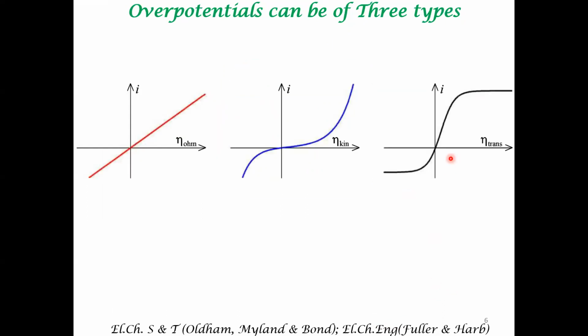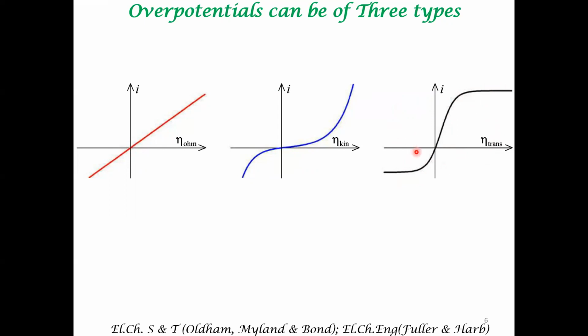When you increase the overpotential, despite the increase in electrode potential, the current does not change. The current saturates. It plateaus off here, and it can plateau off here also.